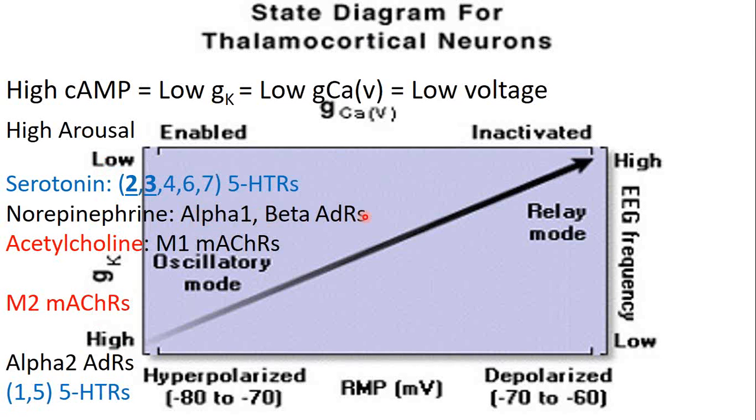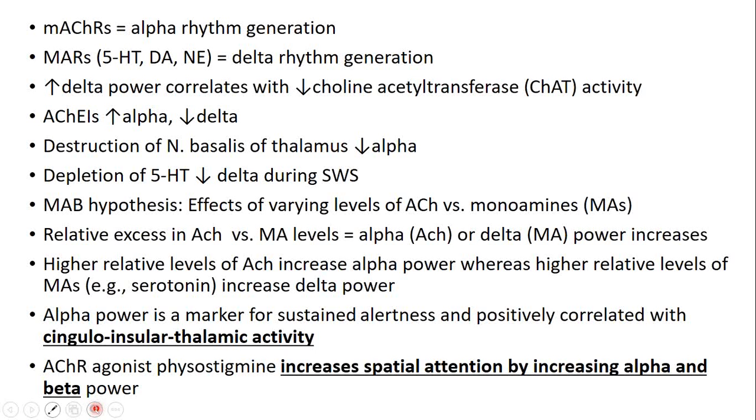This is an alpha 1, and there are actually three types of beta receptors, beta 1, 2, and 3. We'll lump them as all beta adrenergic receptors here. Again, serotonin operates in both the high arousal and the low arousal state through different sets of receptors. So this adds a little more complication to the issue.